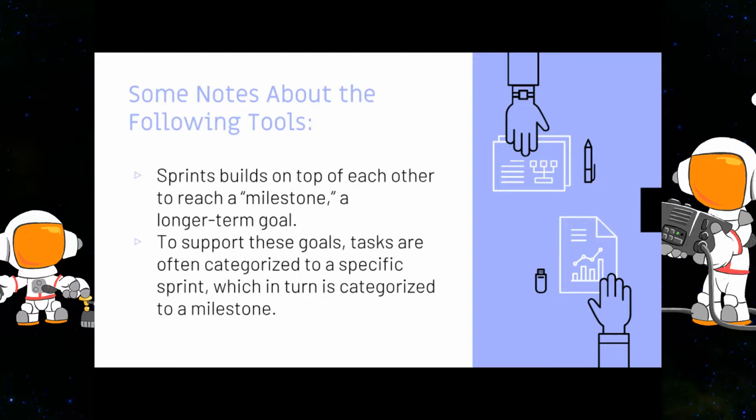Can we do something else that kind of gets the whole point across and move on to something else? So that's basically Agile.